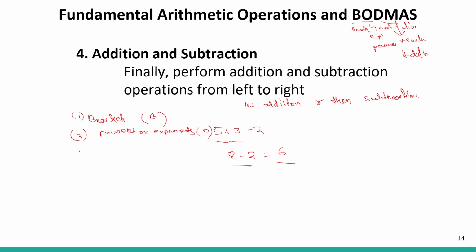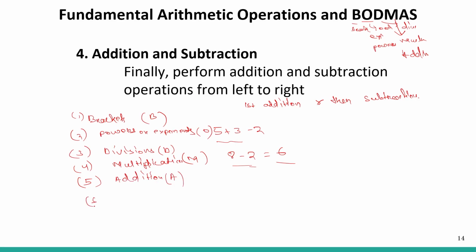Then we search for divisions, then multiplication, then addition, and then subtraction. So BODMAS is completed. These are the set of rules: first brackets, then powers or exponents, then divisions, then multiplication, then addition, followed by subtraction.